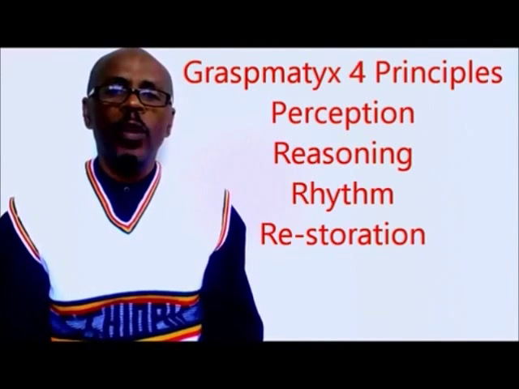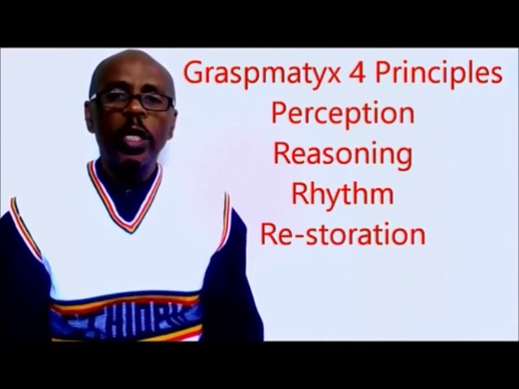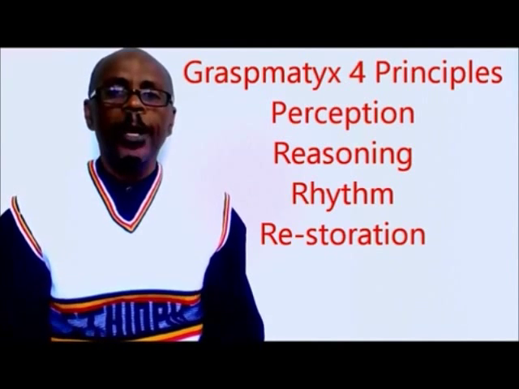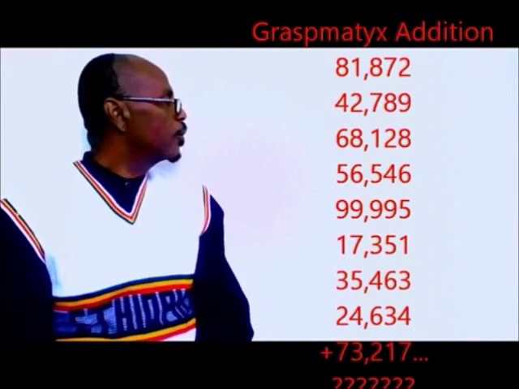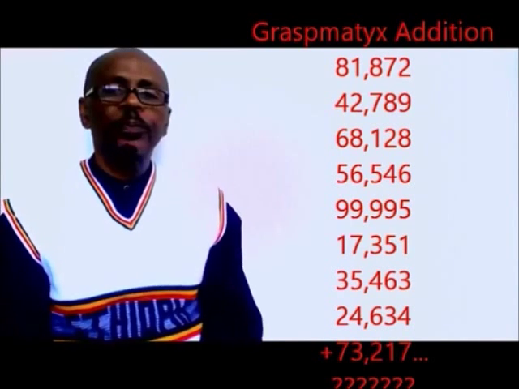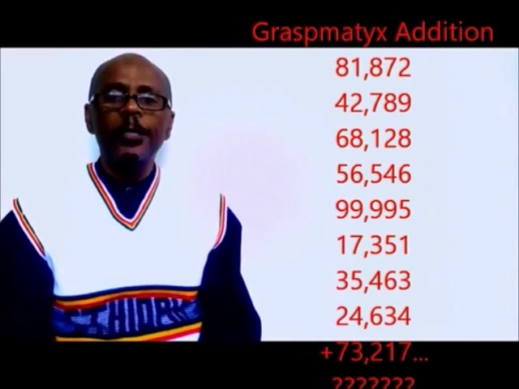The 4 principles of Grassmatics are going to help you do addition when it comes to large numbers, or some people say big or huge numbers. All right? For example, on the board, here are some numbers, and here's what I ask of you on this day. I want you to add up these numbers and tell me what's the total, all right?